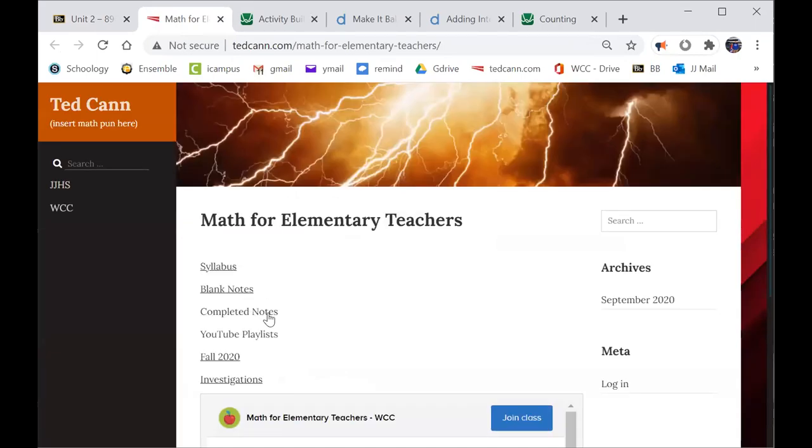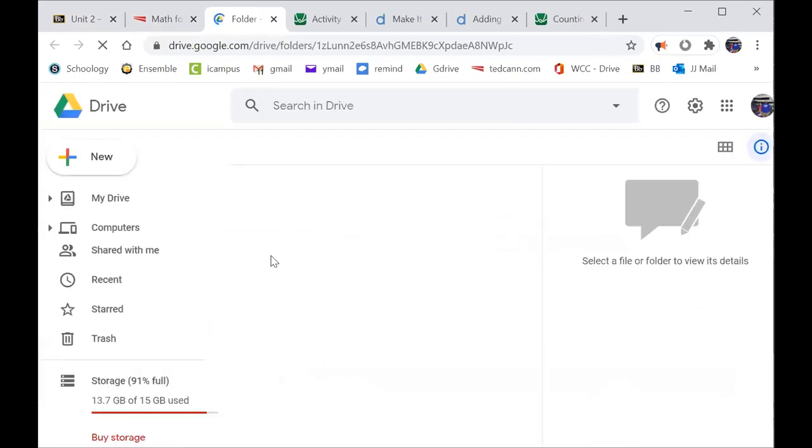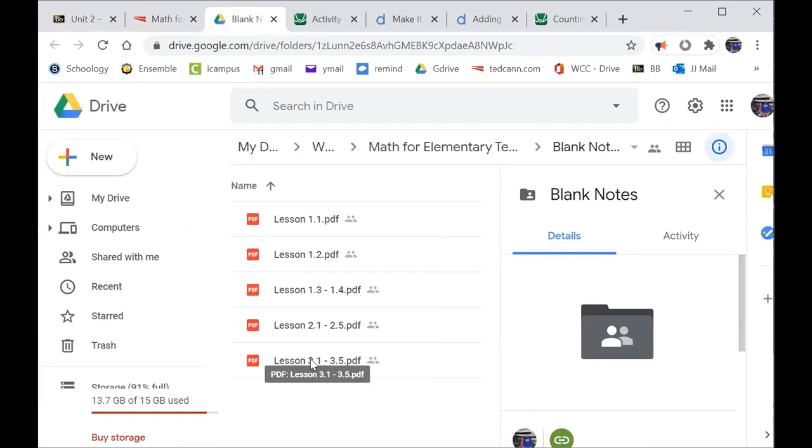Eventually we go to blank notes and completed notes, right? The blank notes are where you get the individual files. We're looking at 3.1 to 3.5 right now, so that's what you'd want to open up.